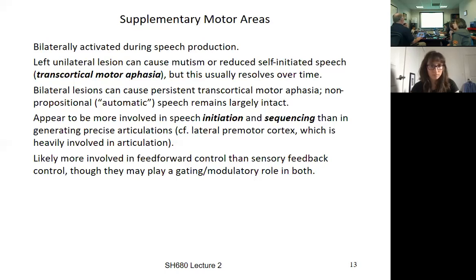It does not become very active at all for perturbation experiments, but keep in mind those are contrasting perturbed speech with unperturbed speech, both of which have pre-SMA activity during them. It's just that it doesn't really go up much for the perturbed case. So it may well be involved in feedback control as well. It's definitely involved in feed-forward control, though, as evidenced by the fact that when you damage it, you don't read out any motor programs at all.